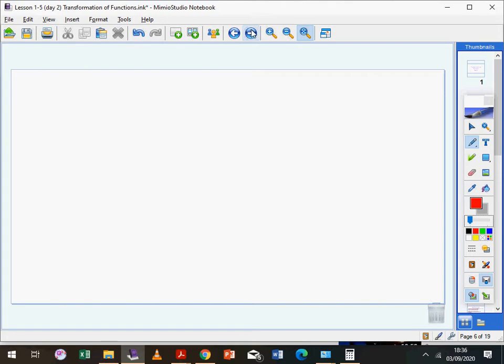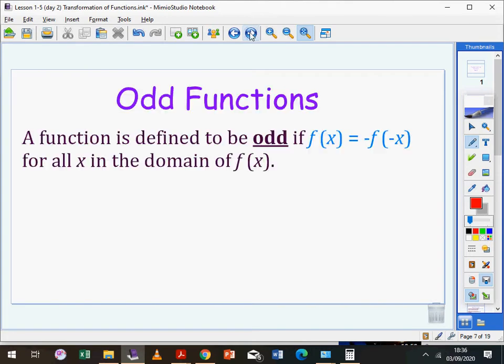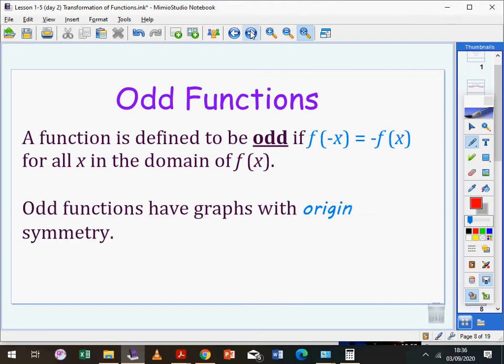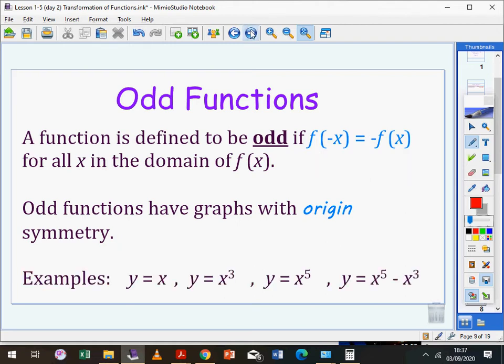A function is odd if f of x is equal to negative f of negative x. What that means is, if two reflections happen on this function and it still ends up looking like the original function, then it's an odd function.